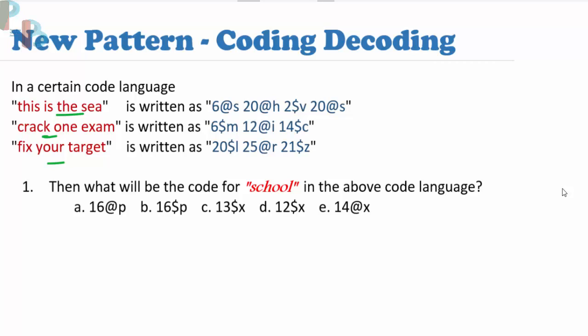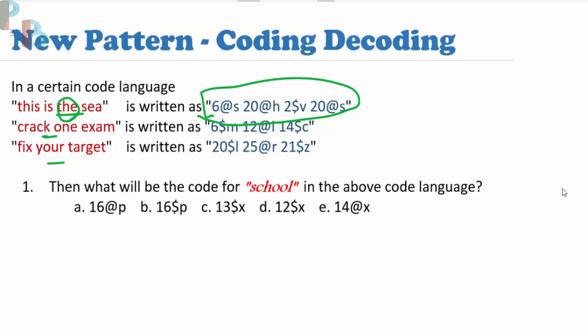So our trick will be we will be picking any one word, like we are picking here THE, and we'll be trying to find the code of that word in this code. First of all we'll be writing down the alphabetical numbers of these letters.